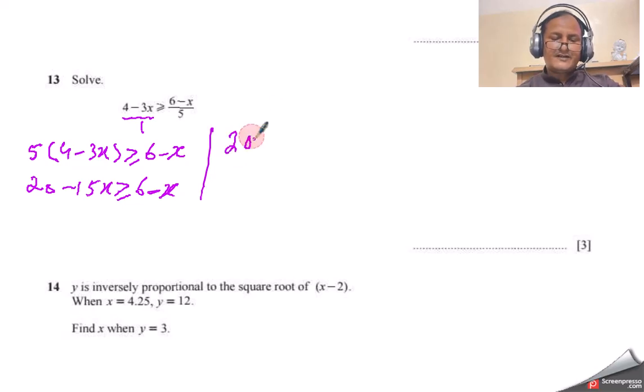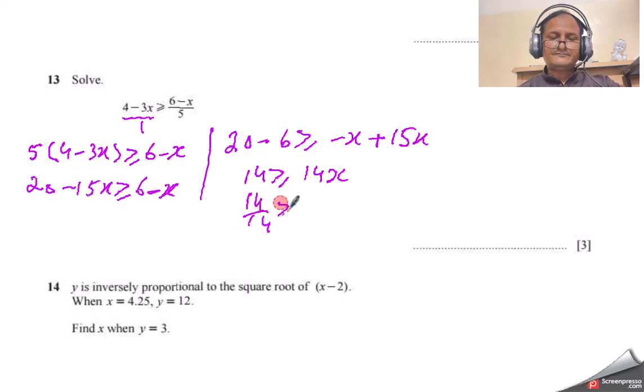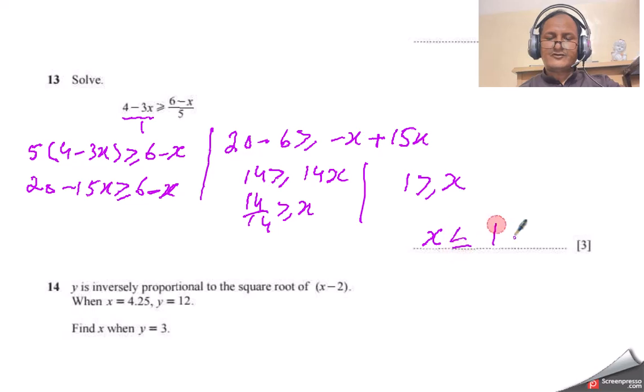We have 20 minus 6 greater than or equal to minus x plus 15x. Now we have 14 greater than or equal to 14x. For x we have 14 by 14 greater than or equal to x, and after that we have 1 is greater than or equal to x. In the answer space we're supposed to write x is less than or equal to 1, or 1 is greater than or equal to x.